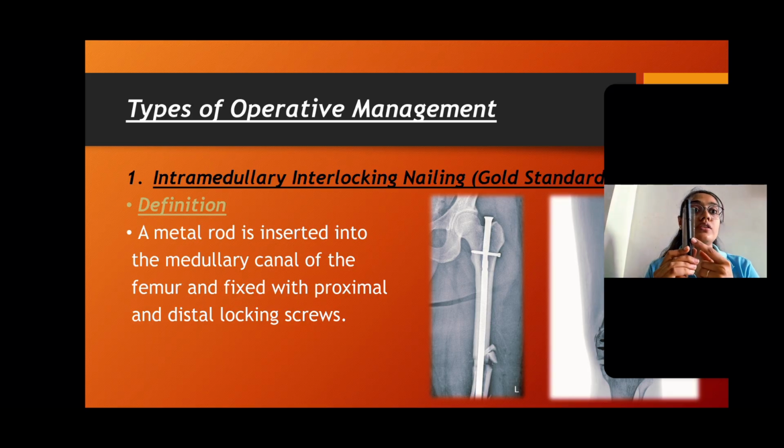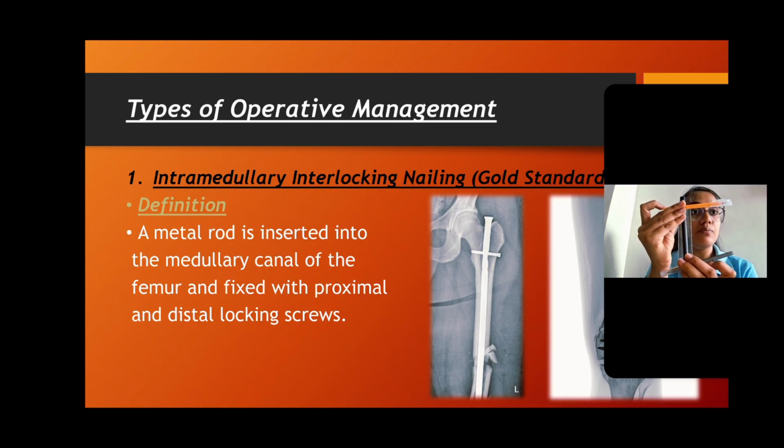For fixation, we have to use two locking screws. The first is on the proximal part and the second is for the distal part. The first screw is the proximal locking screw and the second screw is known as the distal locking screw.